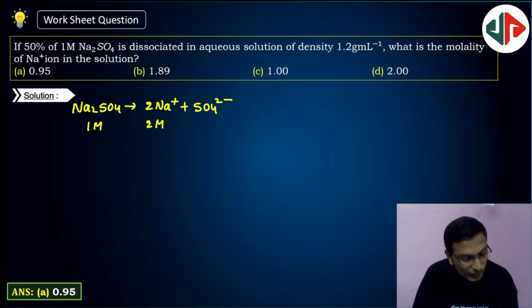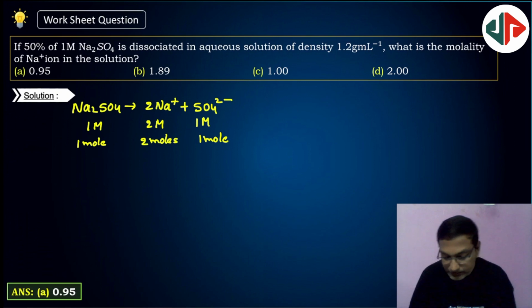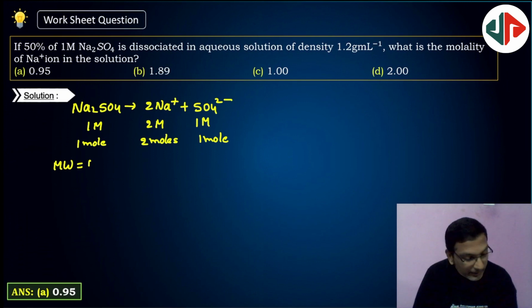Here we will get 2 molar, and here again 1 molar. Or we can say 1 mole, 2 moles and 1 mole. So here molecular weight of Na2SO4 is 142. Remember this molecular weight.